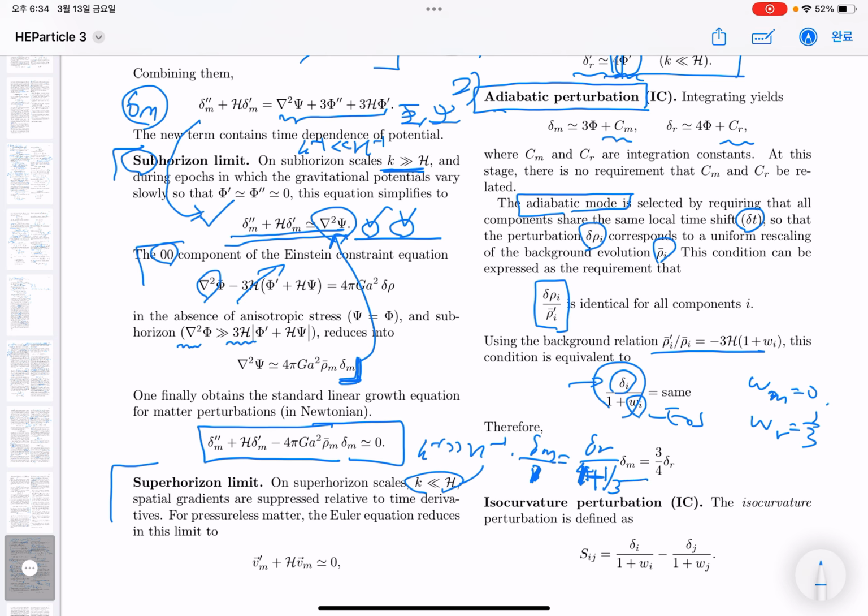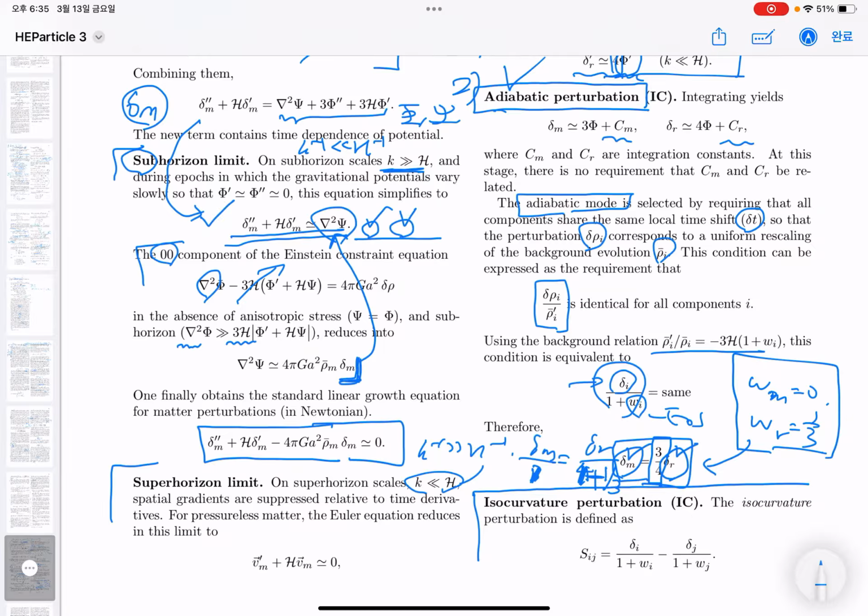So the relation between the matter perturbation δ_m and the radiation perturbation has some factor of 3 over 4, which arises from the equations of state of the matter and the radiation for this adiabatic condition. So now we can obtain the simple relation between δ_m and δ_r in the adiabatic mode.